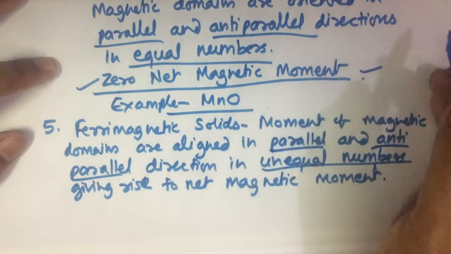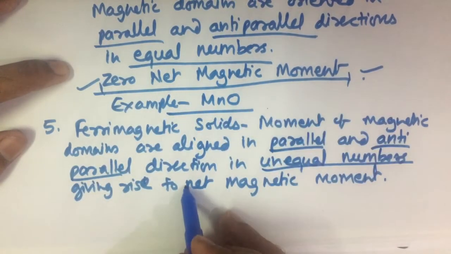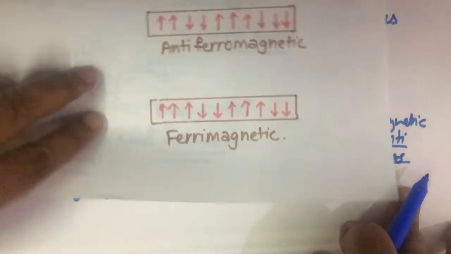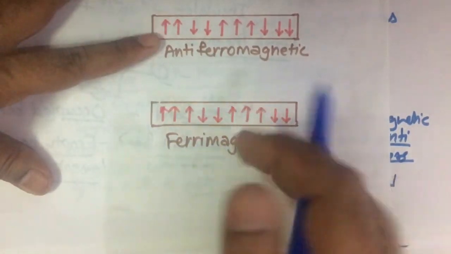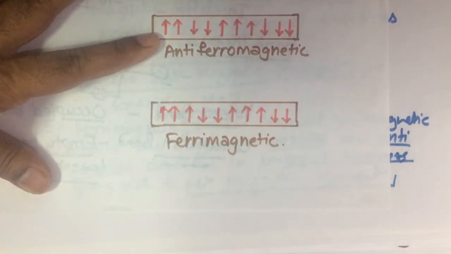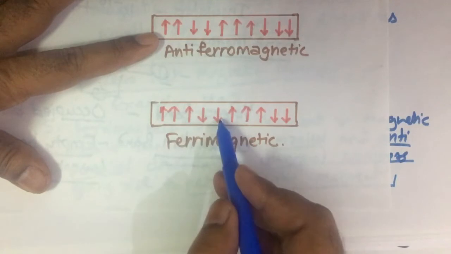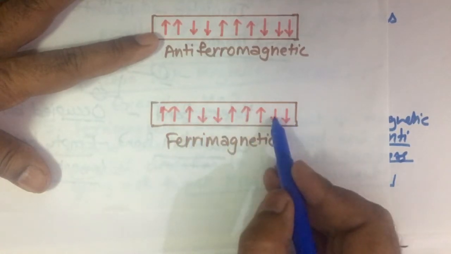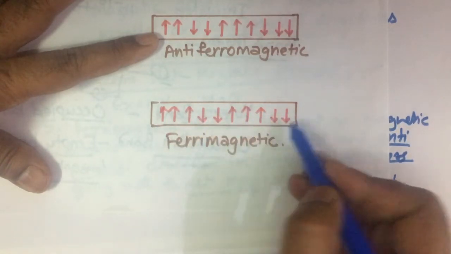So in the antiferromagnetic there is zero net magnetic moment. Here there is a net magnetic moment. Now this is the representation of ferrimagnetic substances. There are parallel and antiparallel spins, but they are in unequal numbers. Here 7 are in the upper direction and 4 are in the lower direction.